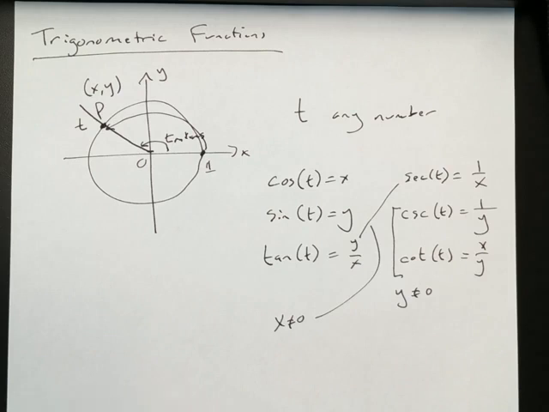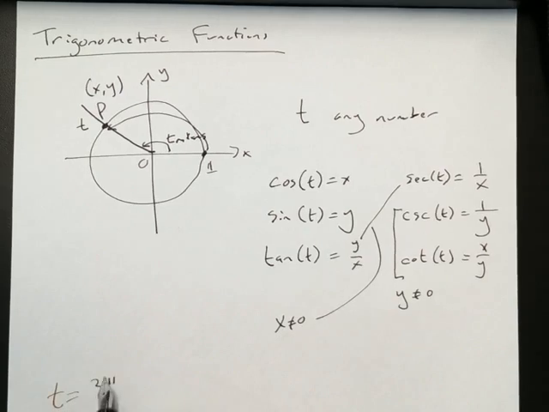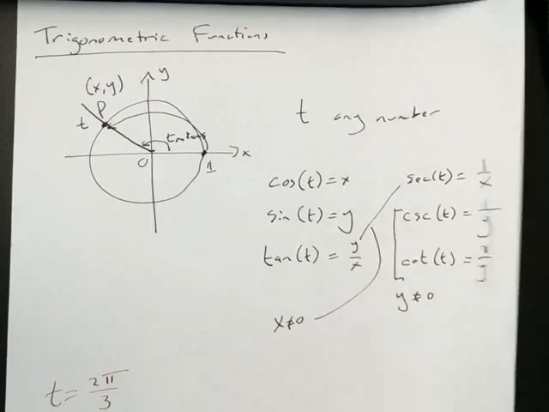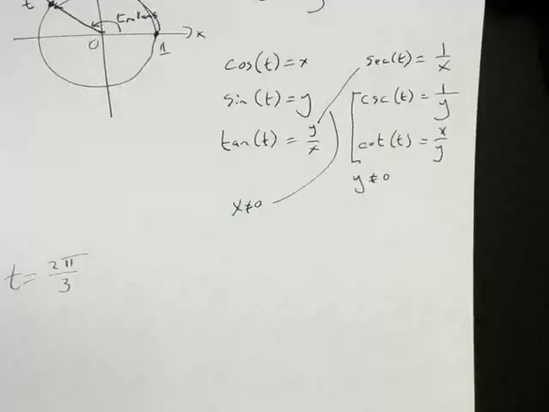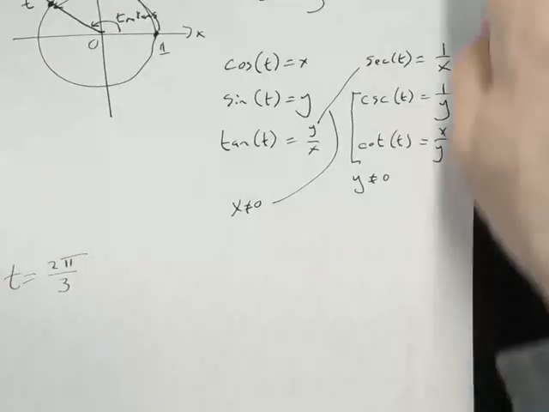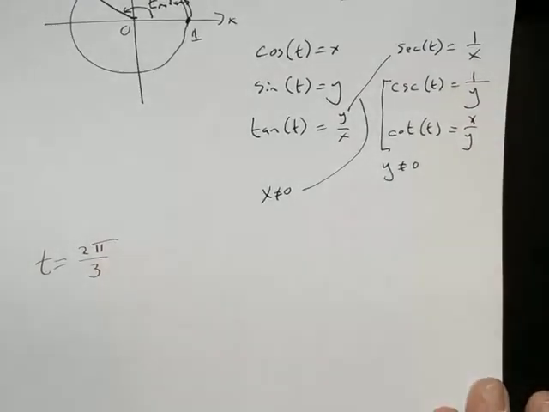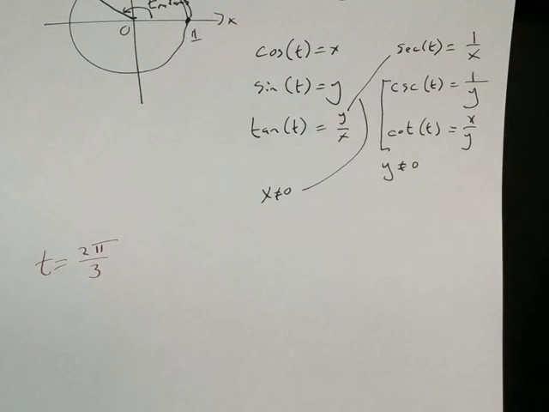So, for example, if I tell you up front the value of t is 2 pi over 3, then from our pictures on the unit circle, we know where that angle is, and we know what reference it has, and we know what point it terminates at.